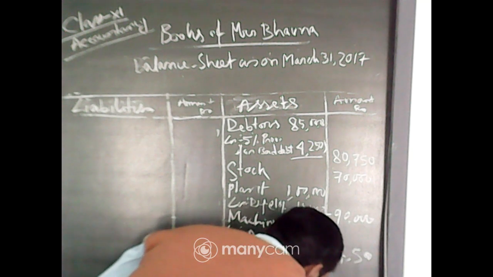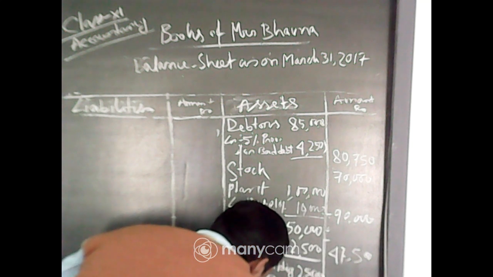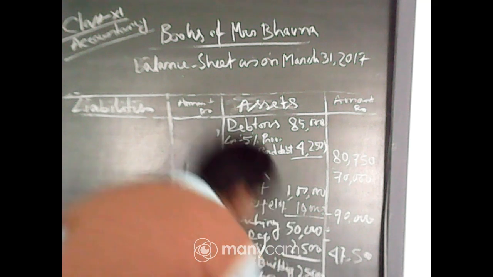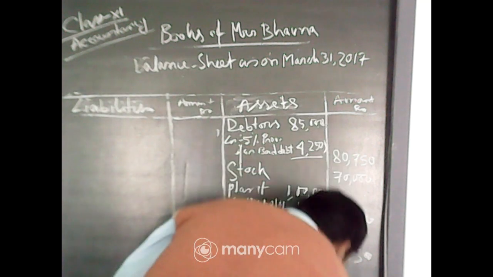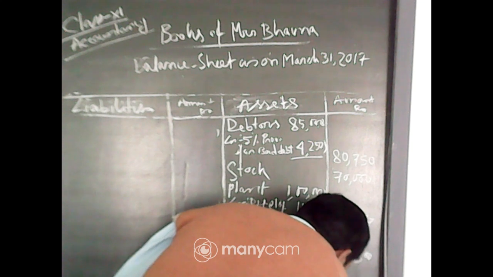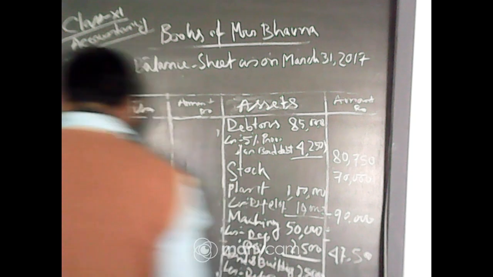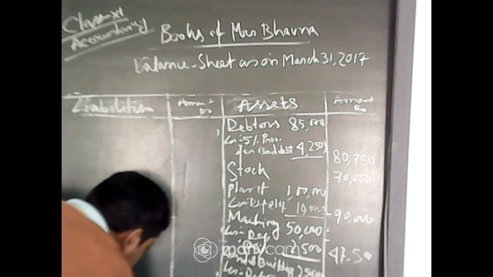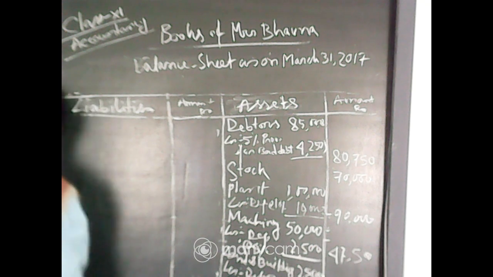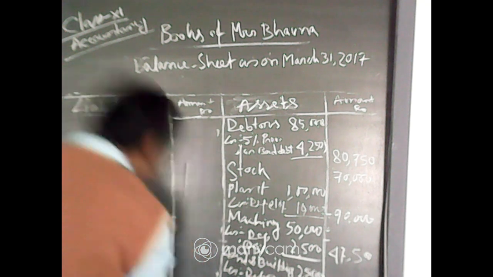And cash at bank is also given, and that is 35,000. Now total is coming 5,75,250, write in both sides.